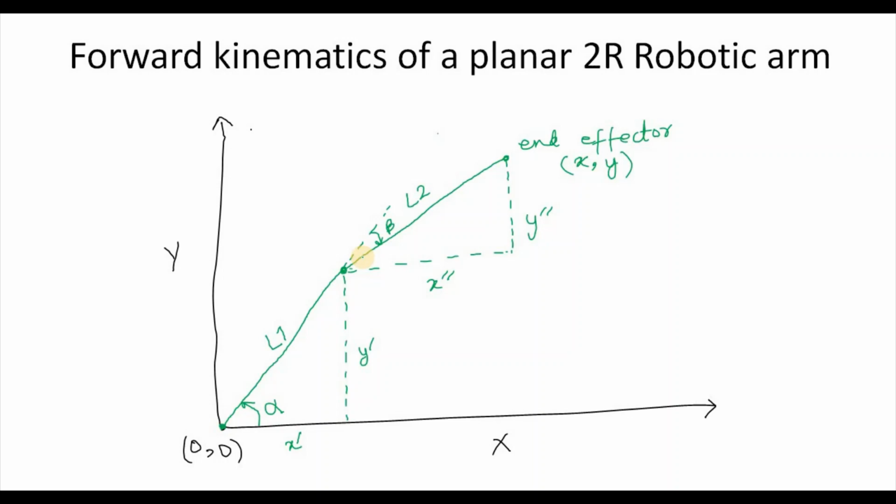They can be easily computed using some kind of sensors that can find the angle of the joints. It can be an optical encoder or something like that. Now we are interested in finding the final position of the end effector, which is the xy coordinates. So let's see how we can do that.